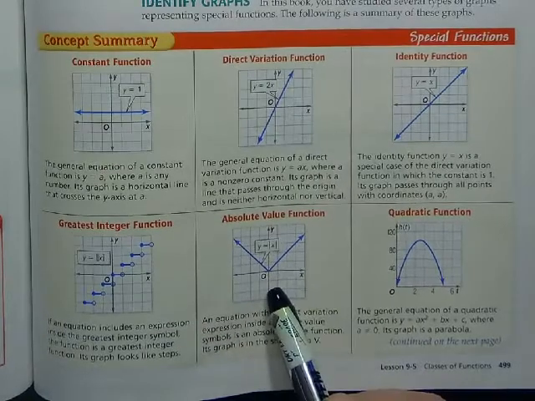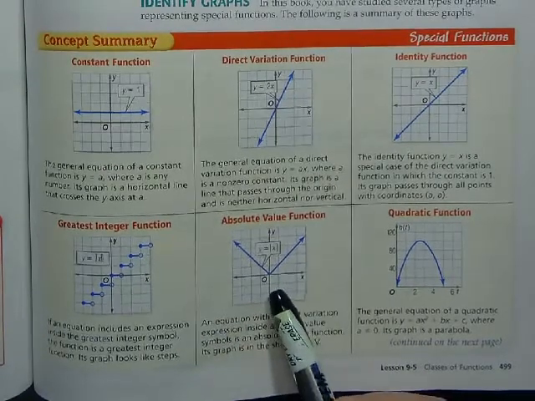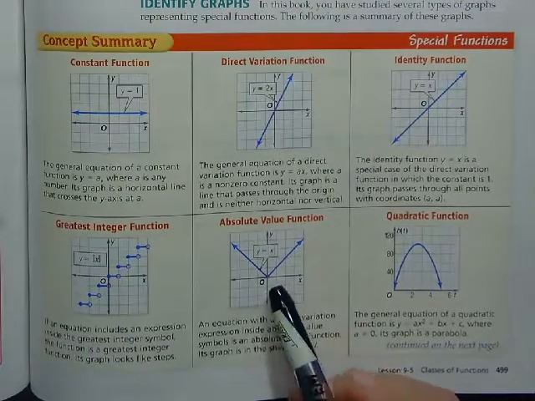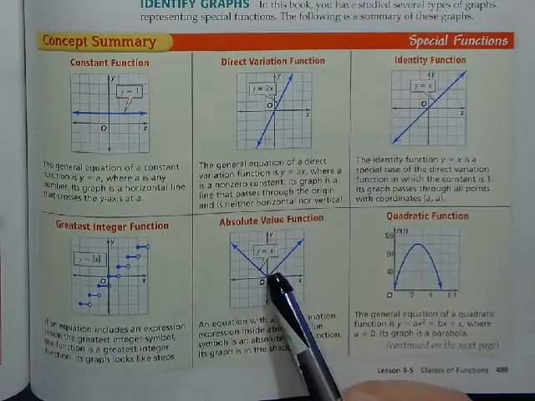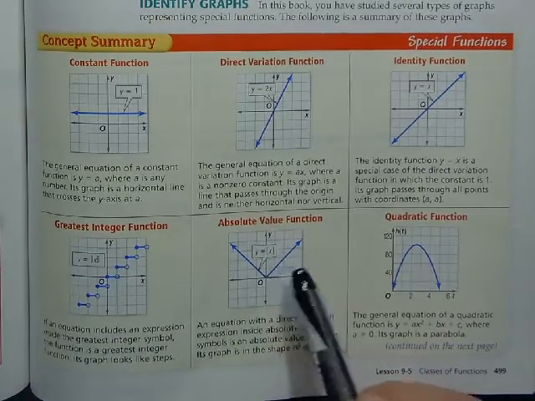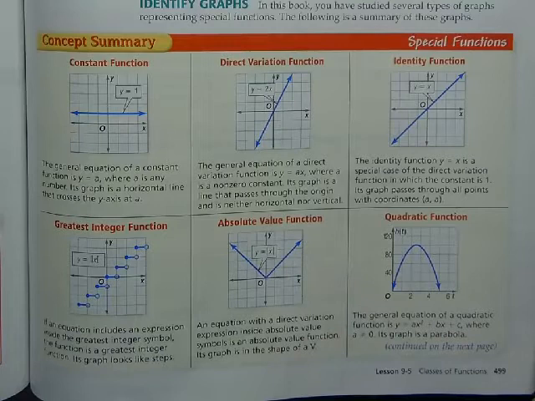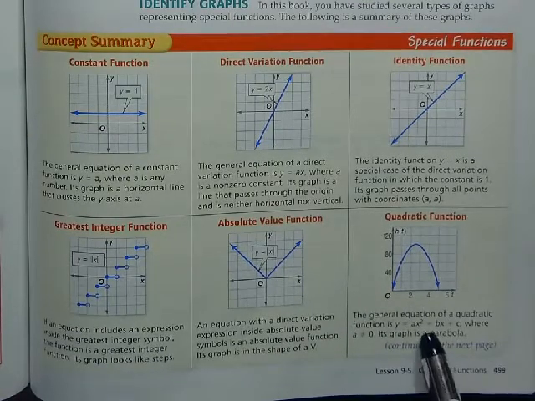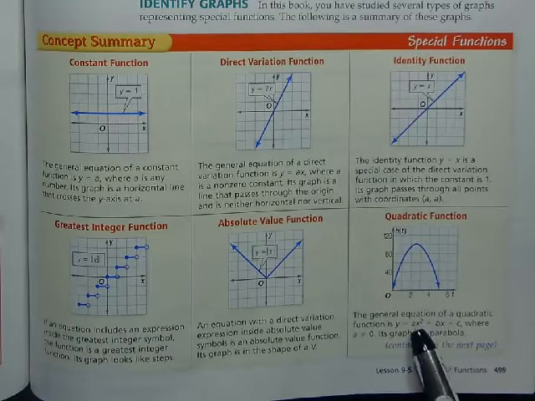The absolute value function, that was way early in the year, and it's a V shape. Sometimes that V will open up, sometimes it will open down, depending on the transformation that's occurred. It'll shift up, it'll shift right or left, but that's the basic function. It's got the absolute value symbols on it. And then the quadratic function is always where x squared is involved.